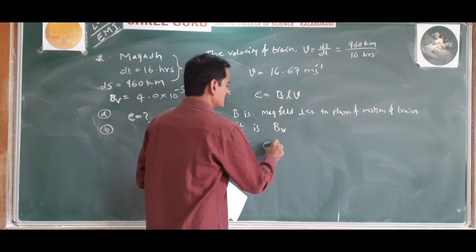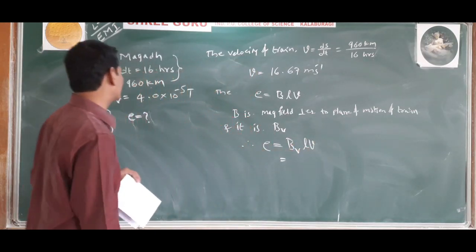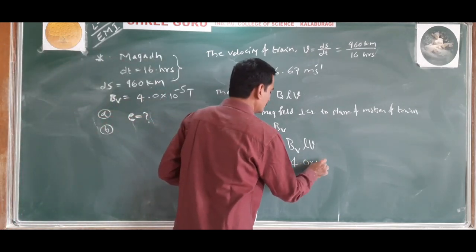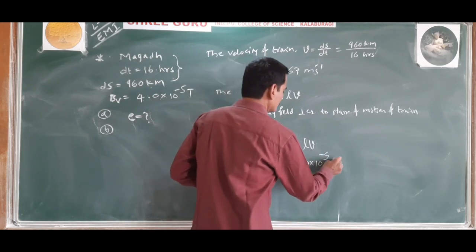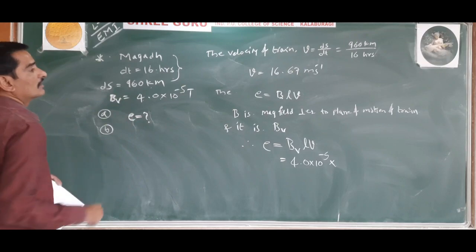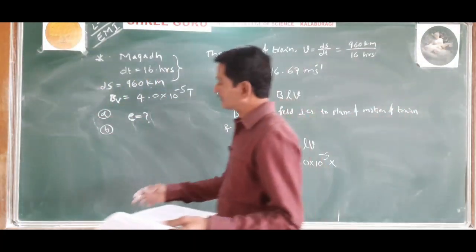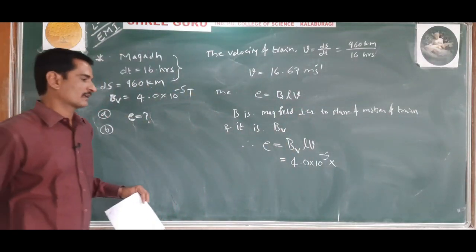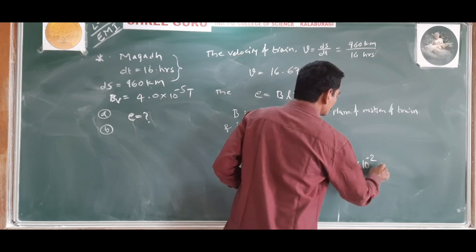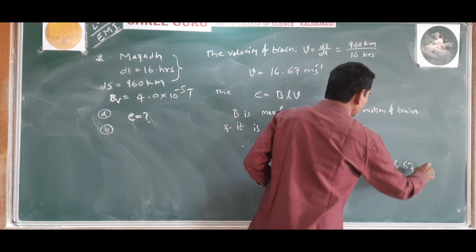So E = BV into LV. BV, the vertical component of the Earth's magnetic field, they have given: it is 4.0 × 10^-5. L is the width of the train, not the length of the train. The width is 130 centimeter, that is 130 × 10^-2, into V, the velocity of the train, 16.67 meter per second.